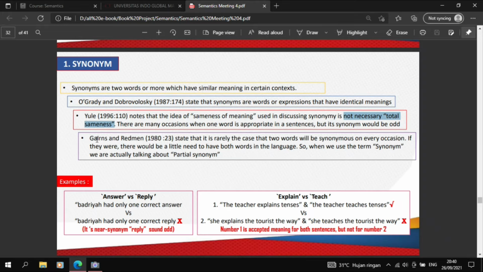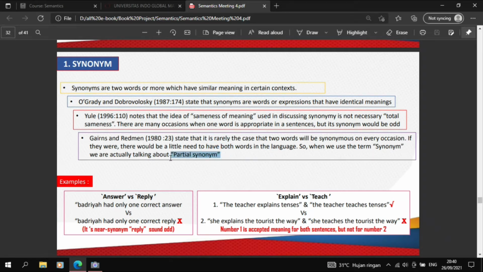Now here, Geerns and Redman state that it is rarely the case that two words will be synonymous on every occasion. If they were, there would be little need to have both words in the language. So when we use the term synonym, we are actually talking about partial synonym.